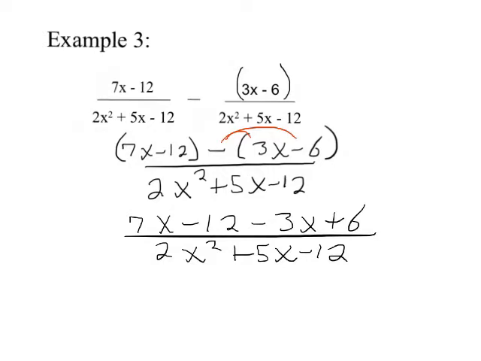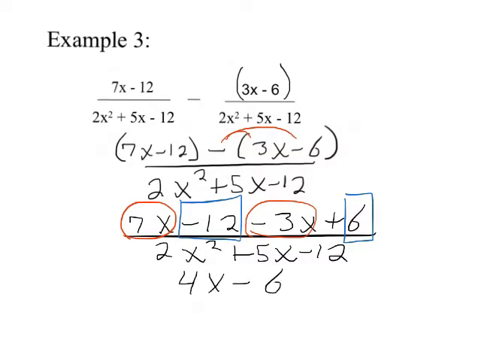It looks like I have a 7x and a minus 3x, and now a minus 12 and a 6. So we can add those like terms together, and we end up with 4x minus 6 all over the 2x squared plus 5x minus 12.